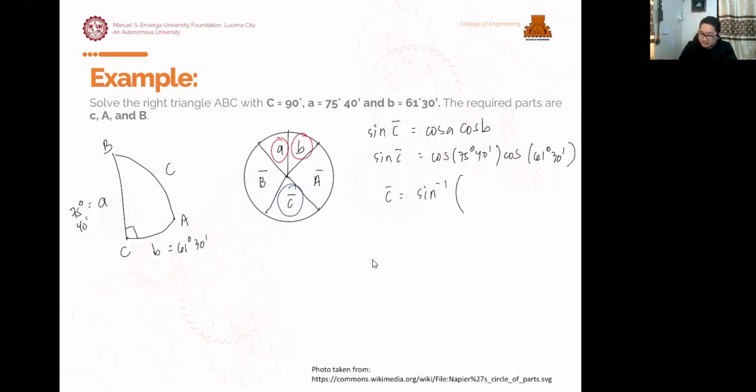Okay, this is 0.118. So, take the inverse sine. That is 6.784.